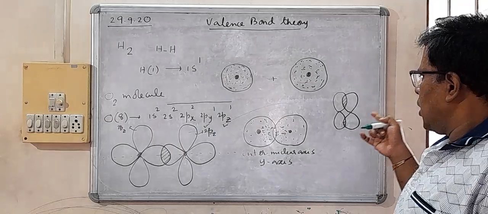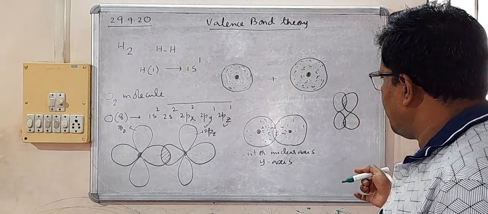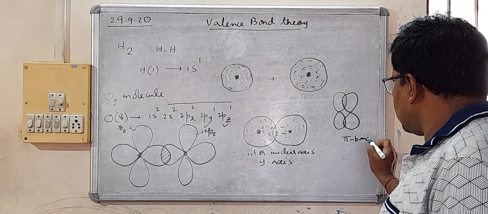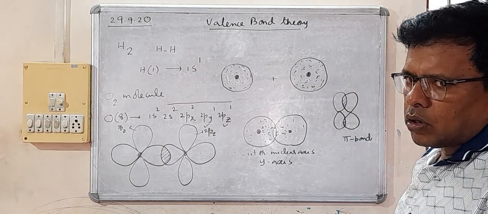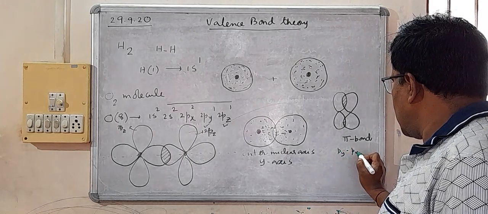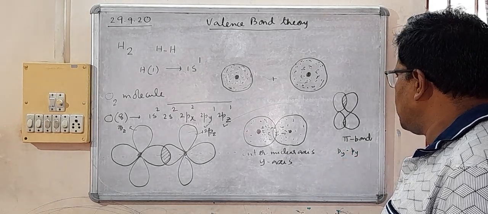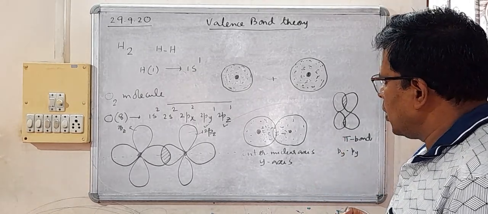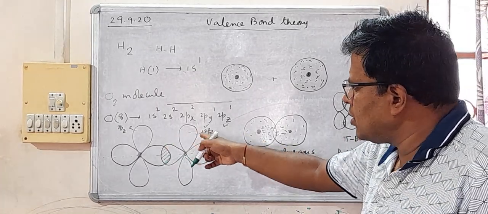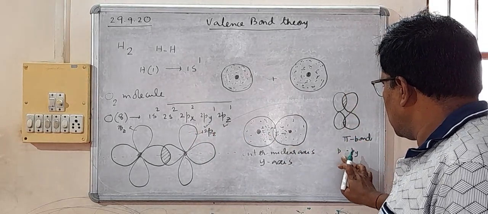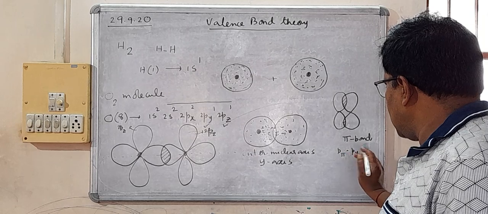And this sort of overlap results in pi bond. This pi bond, though here Z is involved, is also called p-pi bond.